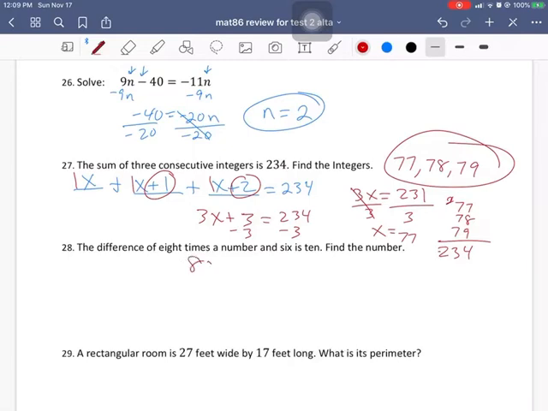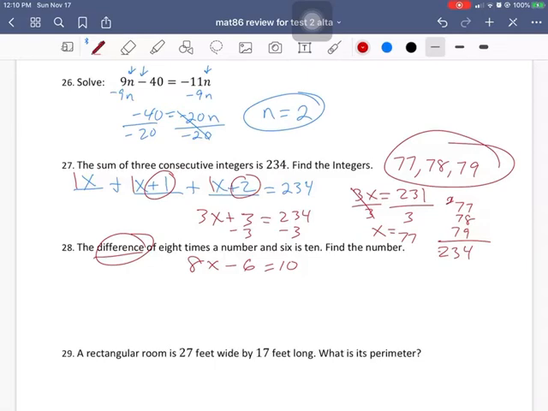Okay. The difference of 8 times a number and 6 is 10. Difference would be a negative or a minus, and "is" is an equal sign, 10. Okay, 8 times a number, 8x, and 6, but the difference means it's a subtraction. All right, find the number.